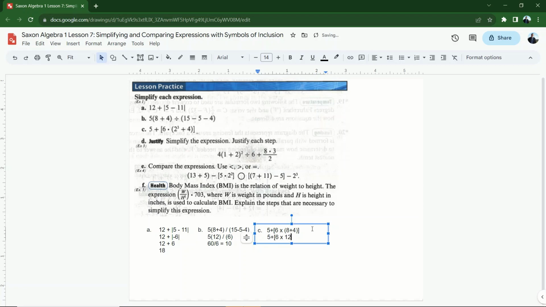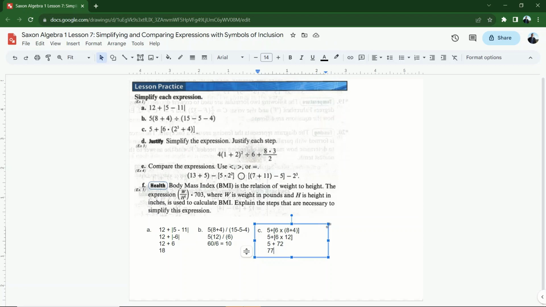And then I can get rid of that innermost parenthesis there. Next thing I'm going to do is what's in the inclusion symbol. I have to do 6 times 12 next. You can do long multiplication if you need to, but I know that 6 times 12 is 72. So this is going to be 5 plus 72. And then I'm just going to do my last little bit of math. 77 is the answer. All right, letter D.